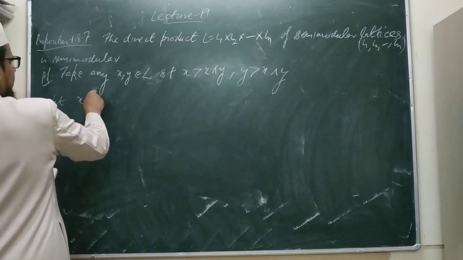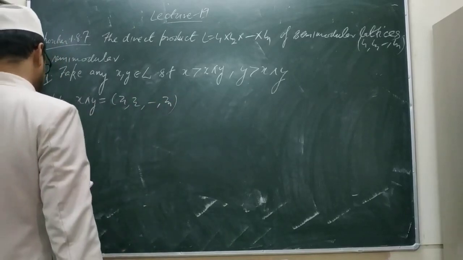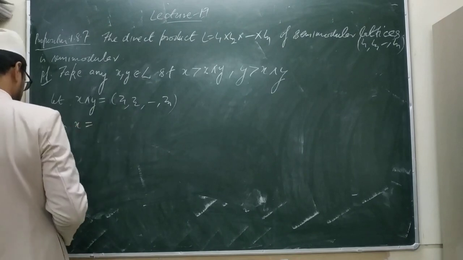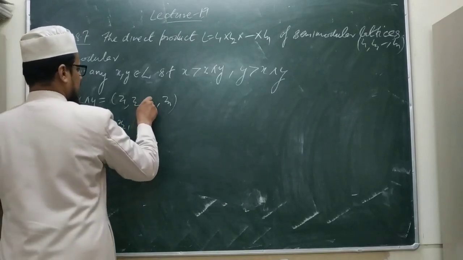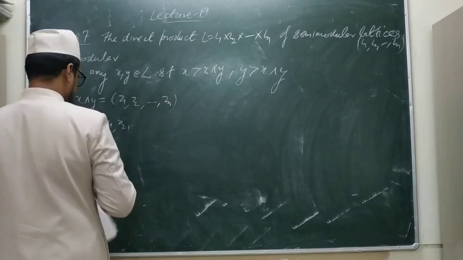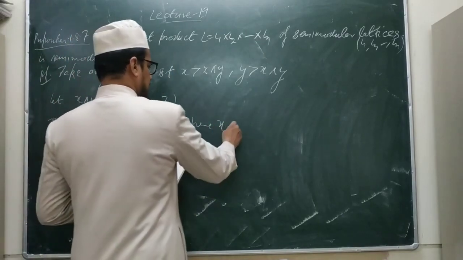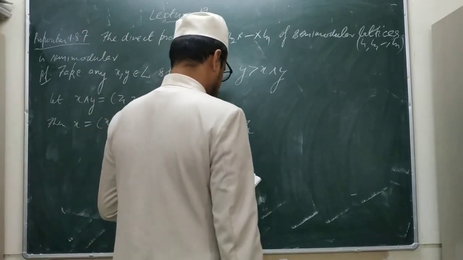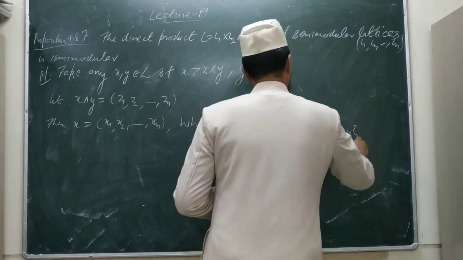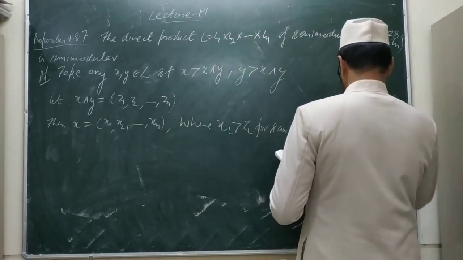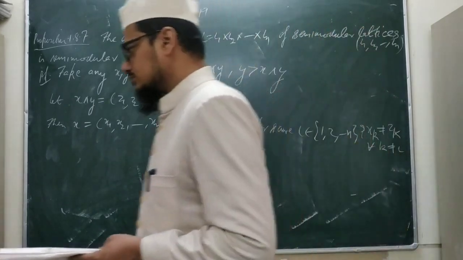Let x meet y be (z1, z2, ..., zn). Then x will be what? x = (x1, x2, ..., xn), where xi covers zi for some i belonging to 1, 2, up to n, and xk is equal to zk for every k not equal to i, isn't it?